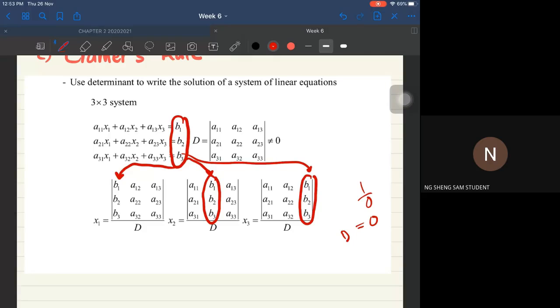Betul. So tak boleh. So you have to be careful. Kita kena pastikan D dekat bawah ni, determinant ni dalam is not equals to 0. Baru you boleh dapat unique solution. Okay. So D is not equals to 0, then you akan dapat unique solution.